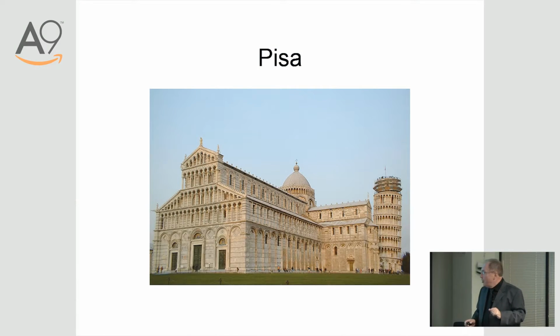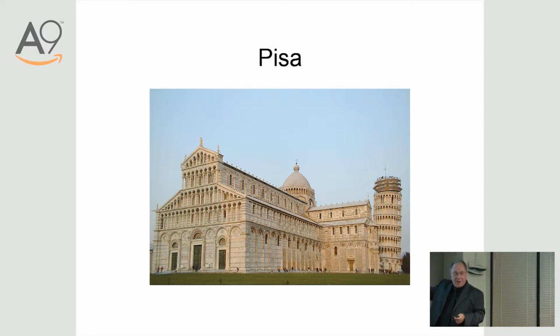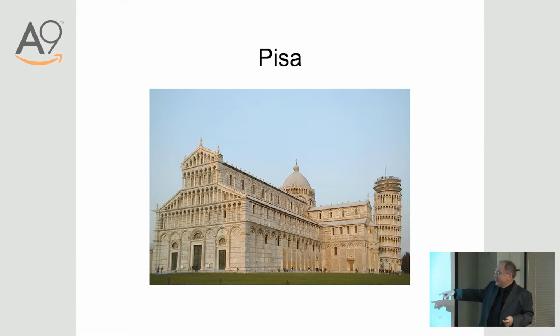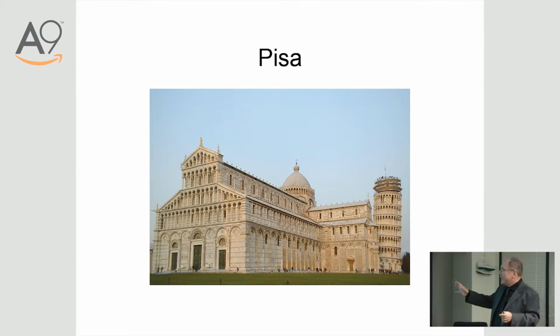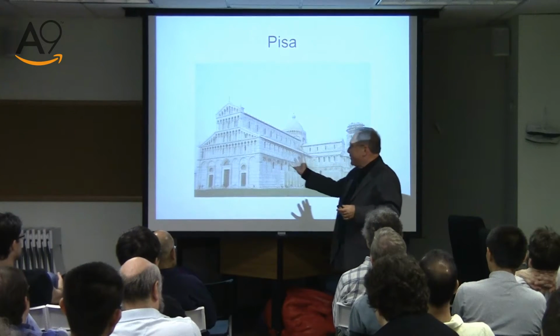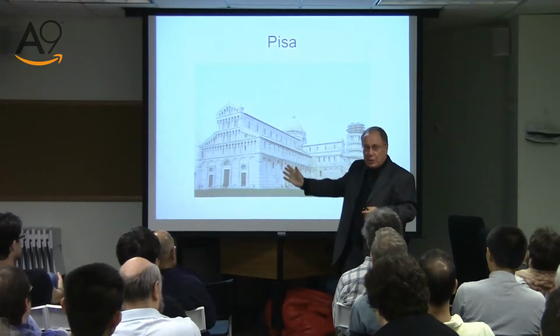All of you have, of course, heard of the Leaning Tower. It's a minor thing. The Campanile is wonderful, but nothing compared with Il Duomo, the great cathedral. If you stand there, you're overwhelmed. And there's this baptistry here. It's not in the picture.